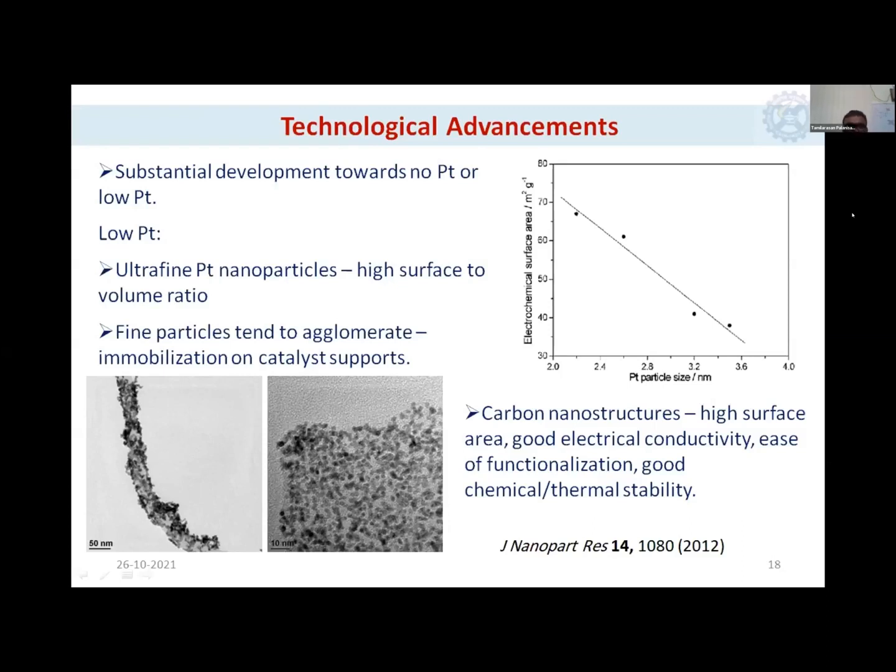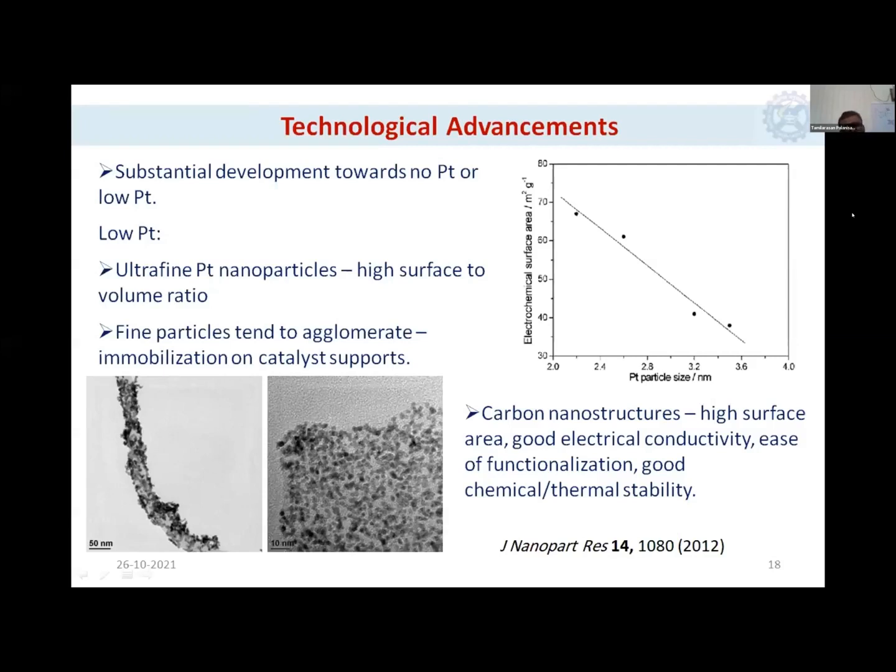Not only that, these carbon nanostructures have very good electrical conductivity, and you can easily functionalize them using some functional groups like hydroxyl or carboxylic groups. And these functional groups will work as anchoring sites. So these nanoparticles will grow on, and be anchored on, these functional groups.